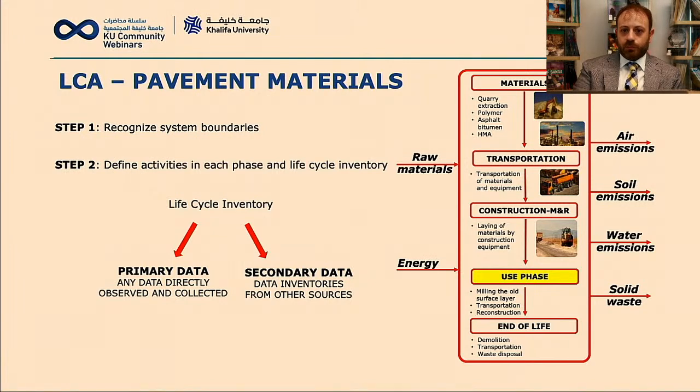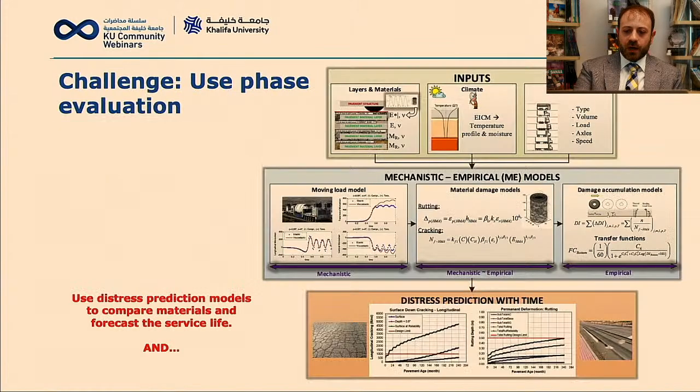So if you produce a material, and it still has crumb rubber inside, whatever other technology you want to consider, but the material does not perform well in the field, you need to substitute it sooner than another HMA. When you substitute that material, it means that you have to produce other materials. So this is not good in terms of impacts for the environment. So the use phase is extremely important. And in order to understand a little bit more about the use phase, we are using some distress prediction models.